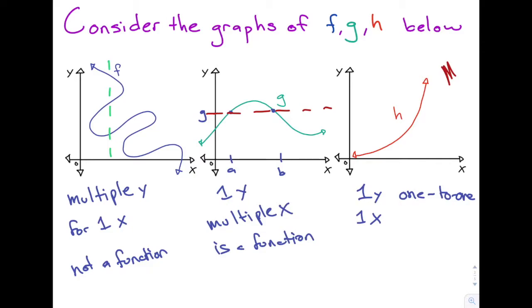In h, we can clearly see that there's one y value, one output for every input. Sometimes it's not as clear, so using the horizontal line test will help us to identify whether a function is one-to-one or not. So again, we've got a graph f that's not a function, a graph g that is a function but is not one-to-one, and a graph h that is a function and is one-to-one.